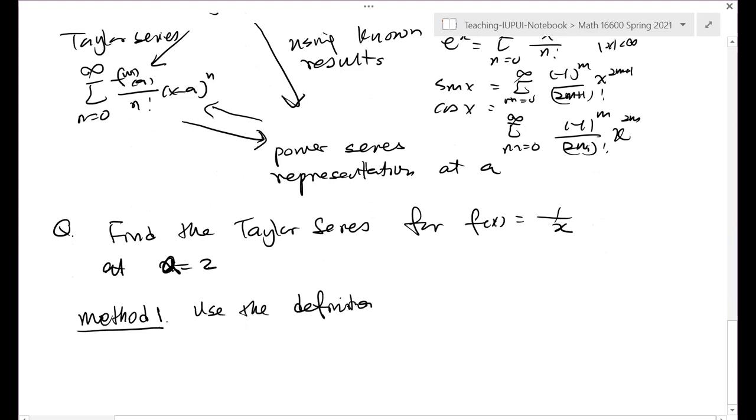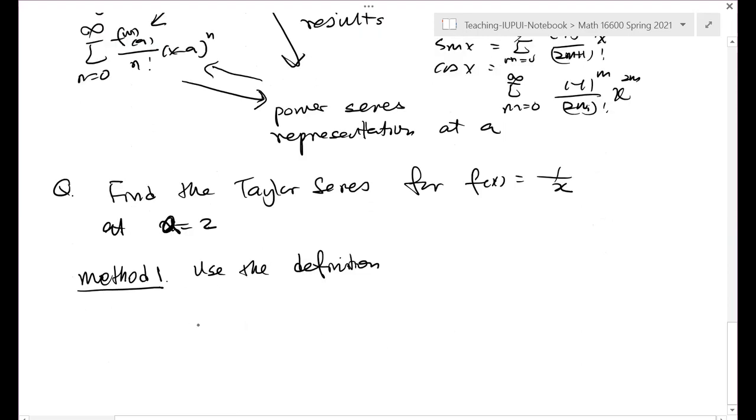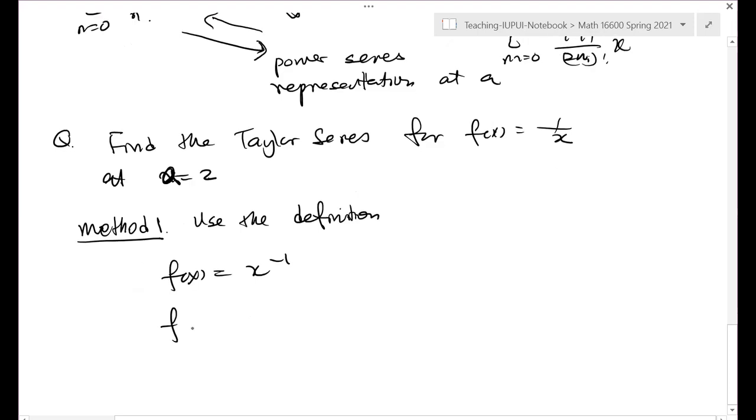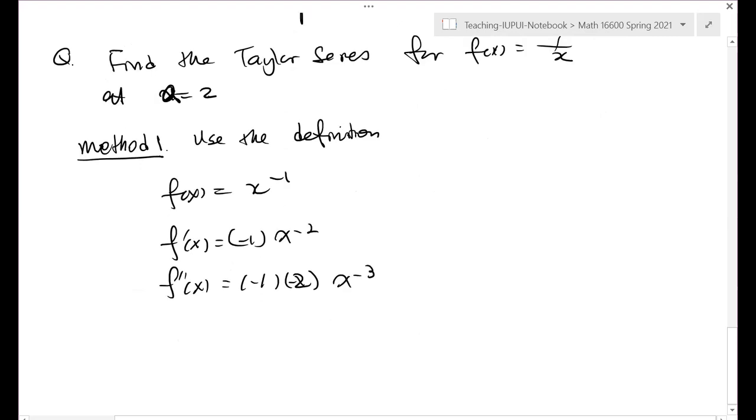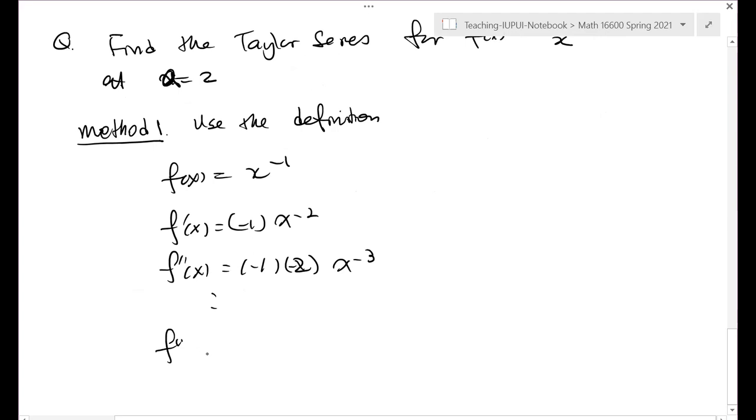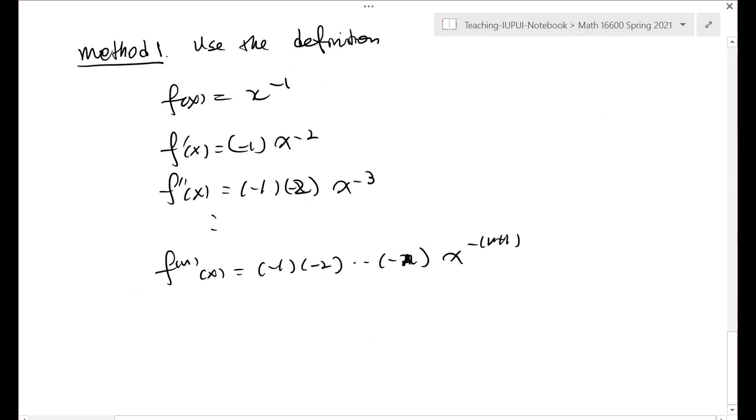And you will see it's not as simple. It's quite complicated. f of x is x to the negative 1. So the first derivative is negative 1 times x to the negative 2, and for the second derivative, you have to figure out the pattern, and so on. I think the nth derivative is negative 1, negative 2, all the way to negative n, times x to the negative n plus 1.